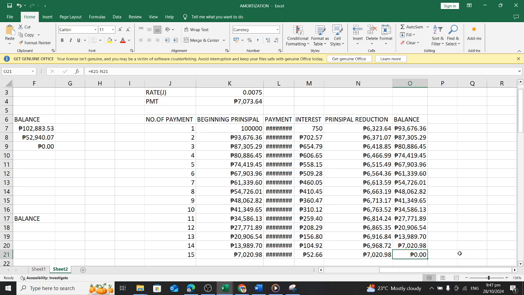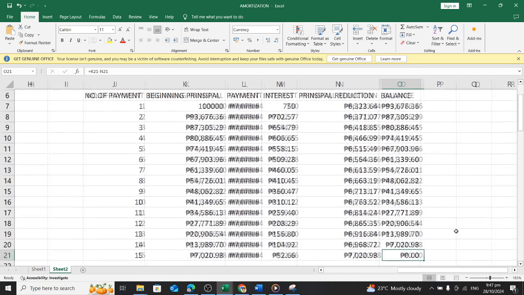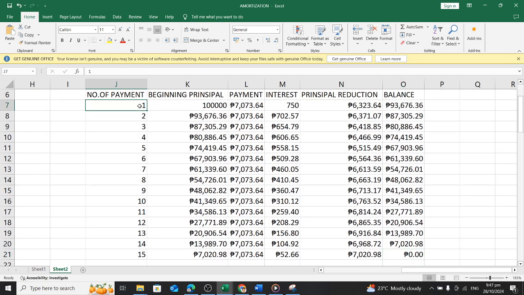So this is called the amortization schedule. After the first period, this is the balance. Second period, this is the balance. Third period, we have 80,886.45 as our balance. After the 10th period, our balance is 34,586.13.